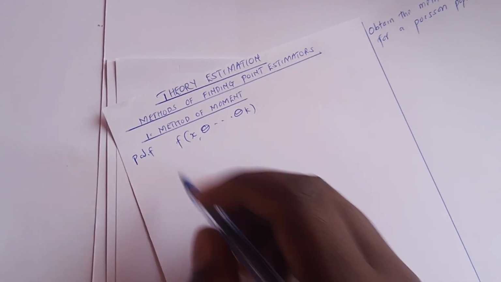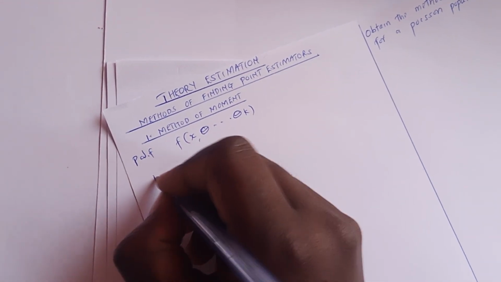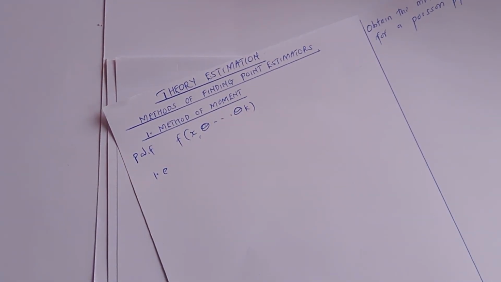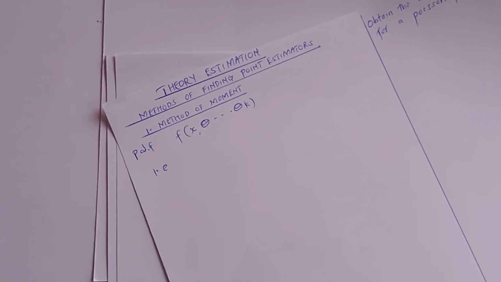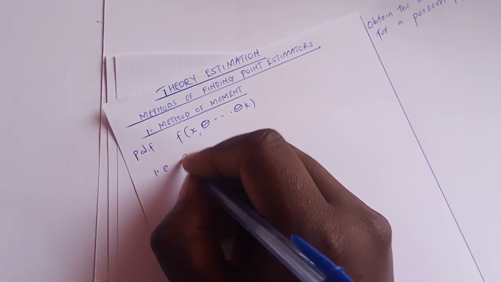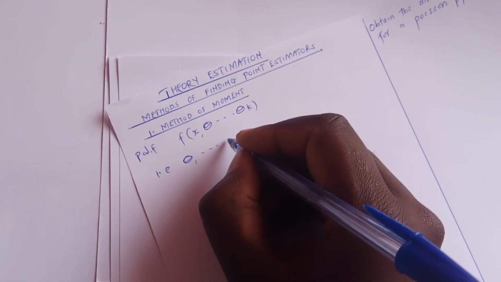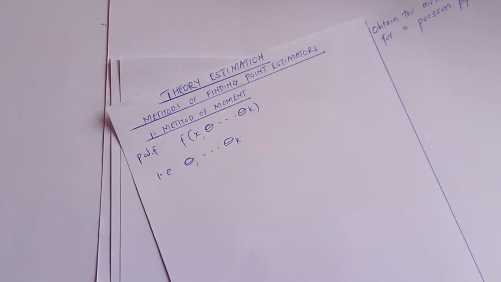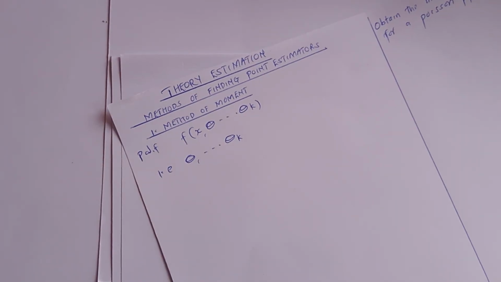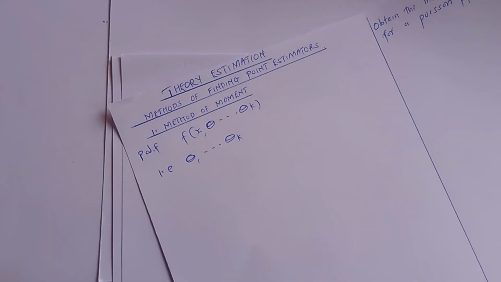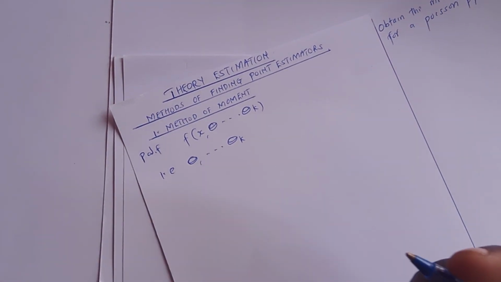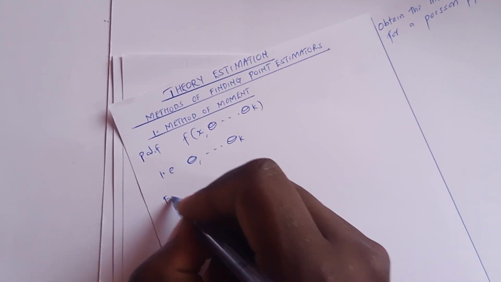That is, for instance, we have a population that will contain k parameters denoted by theta 1 all the way to theta k. That is the population parameters, and therefore we wish to find the k parameters.